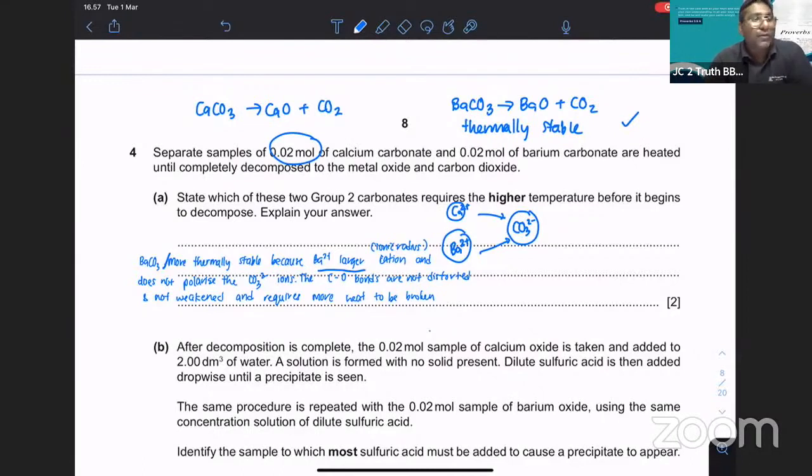The carbon-oxygen bonds are not distorted and less weakened. They are less weakened, and require more heat to be broken. If you have calcium, it will distort more, and then the bond is going to be weakened. In this case, less weakened, you require more energy to break it.